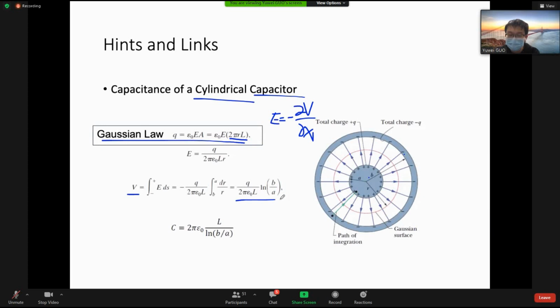And here is the expression of the potential of the cylindrical capacitor. What is L here? L is the length because it's a cylindrical shape. So it's the height. You can say it's the height.